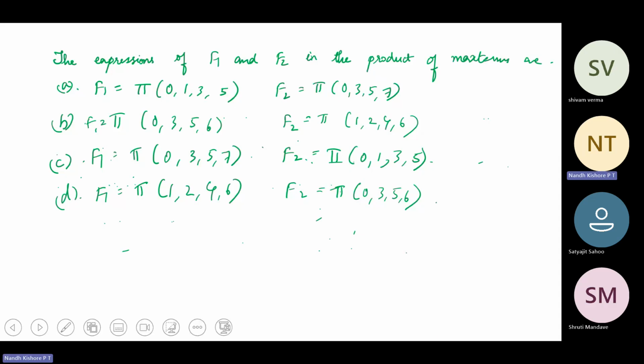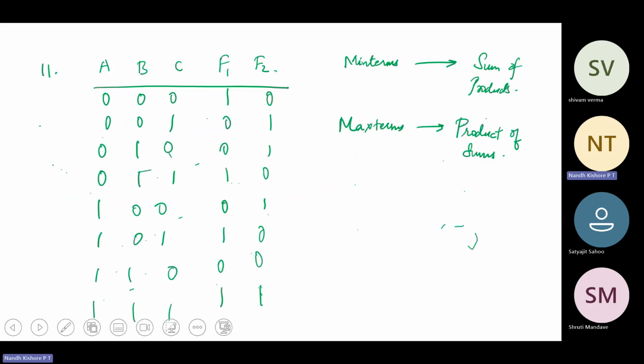Okay, so for product of max terms, what will you see? Will you see the 0 points or the 1 points? So the 0, 1, 2, 3, 4, 5, 6, 7. Okay, so for product of max terms, you will see where the zeros are.